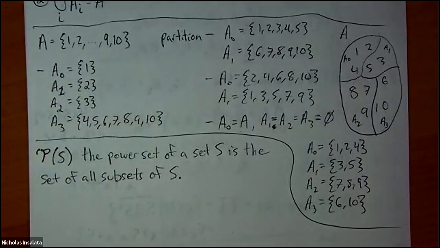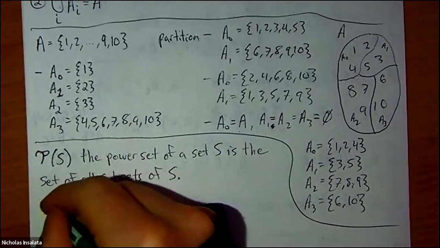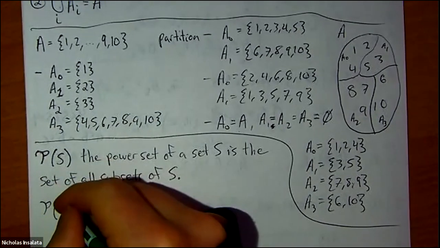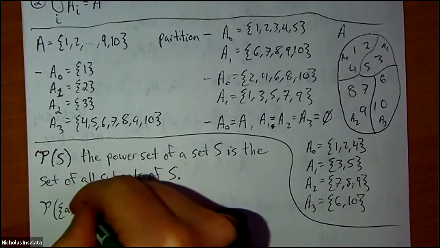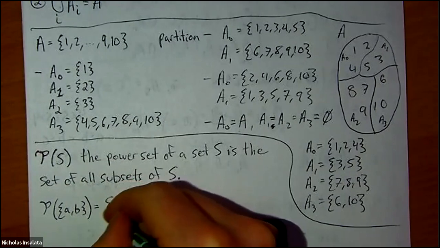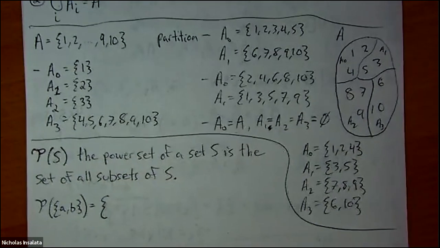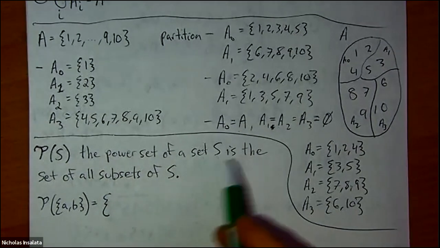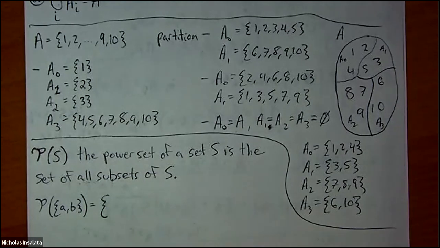Okay, so for example, let's find the power set of the set AB. Now it's going to be a set, right? The answer is going to be a set. I want the set of all subsets of S, not proper subsets, any old subset. So can someone give me one subset of S?